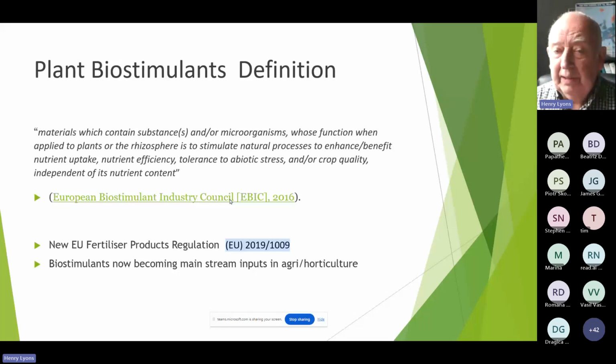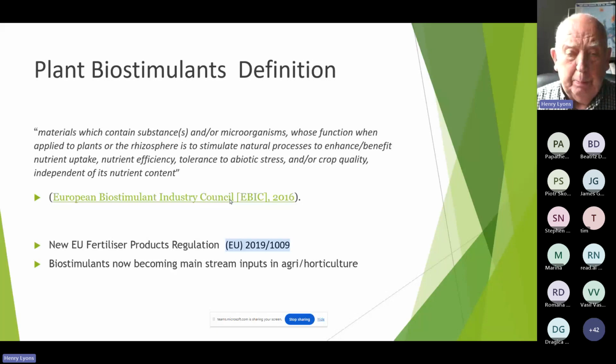Now note the word, it stimulates natural processes to enhance nutrient uptake, nutrient efficiency, the tolerance to abiotic stress, or crop quality, and it's independent of the nutrient content. So it's not a fertilizer, strictly speaking, but it does stimulate natural processes.